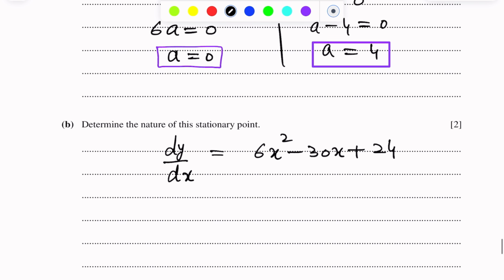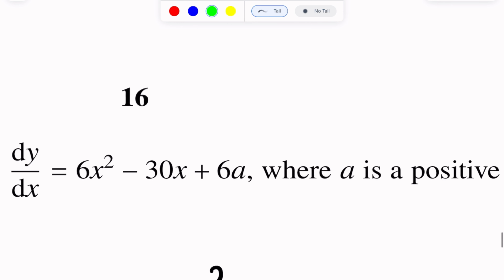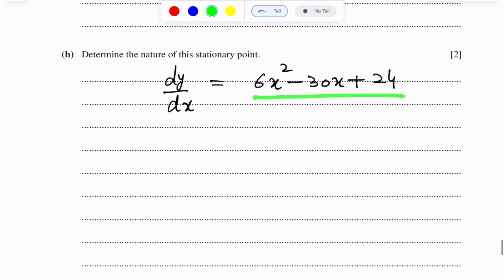This 24, because we have put the value of a here, 6a, where the value of a is 4, so this term becomes 24. So the first derivative will be 6x square minus 30x plus 24.